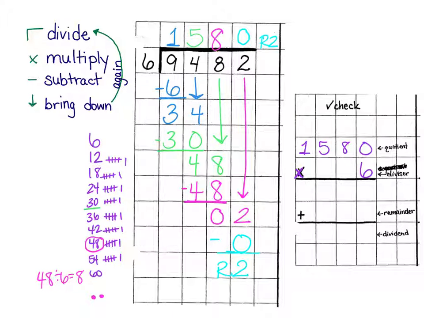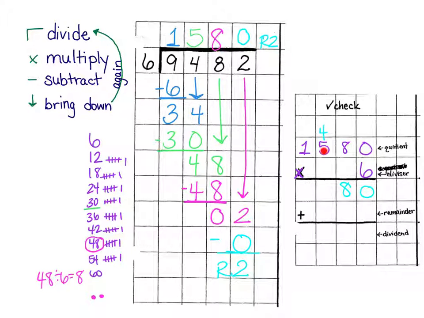We're going to do 0 times 6 equals 0. 8 times 6, if you don't remember that, come over here. 6 times 1, 6 times 2, 6 times 3, 6 times 4, 6 times 5, 6 times 6, 6 times 7, 6 times 8. 48. So we put the 4 above the next number and put the 8 in the tens column.